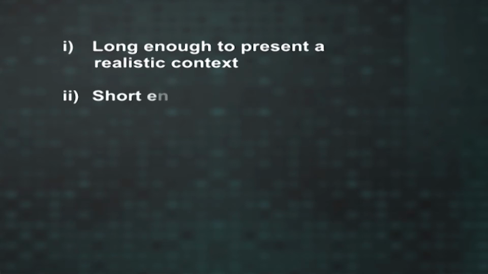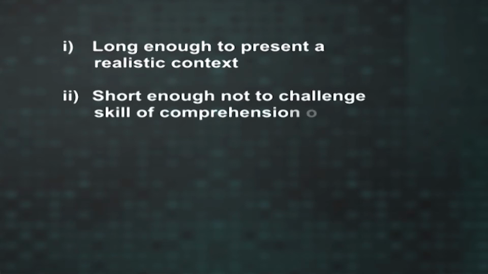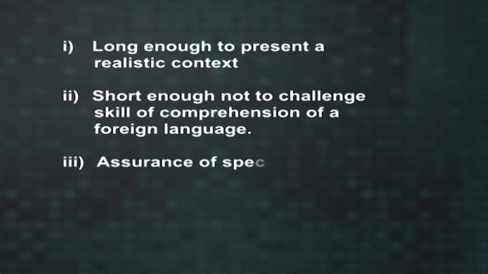Ensure the following characteristics when you present a video text. Long enough to present a realistic context. Short enough not to challenge the skill of comprehension of a foreign language. Assurance of specific purpose prerequisites.